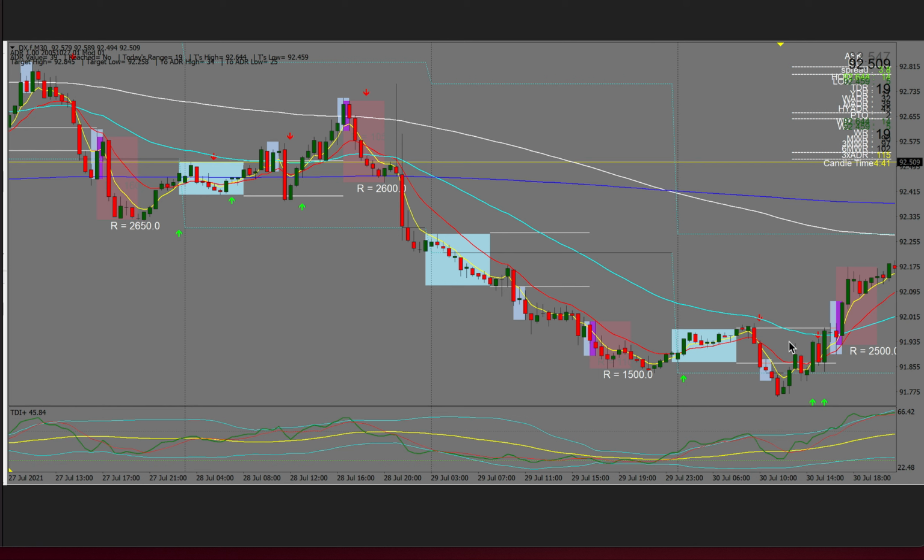So if you're having a hard time understanding what you're looking at, green up, red down, green up, red down would be an M, and red down, green up would be a W, or a V, or a W on a lower time frame, or green up, red down, an A or an M on a lower time frame.